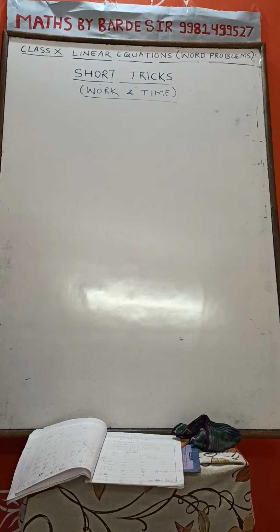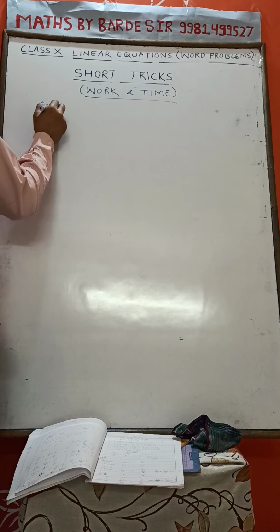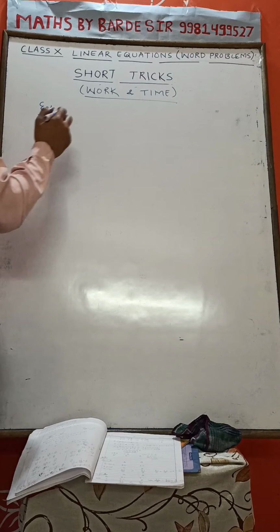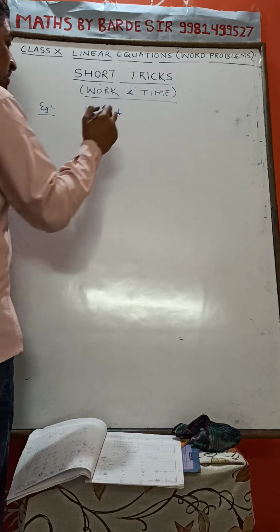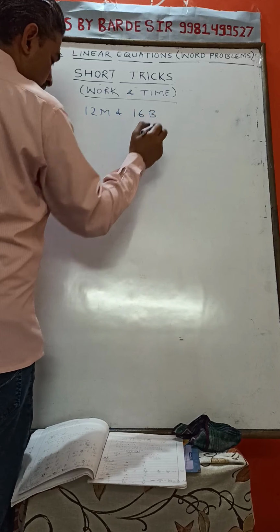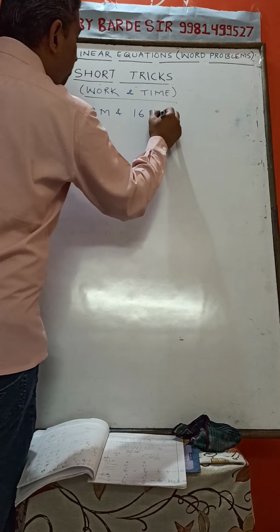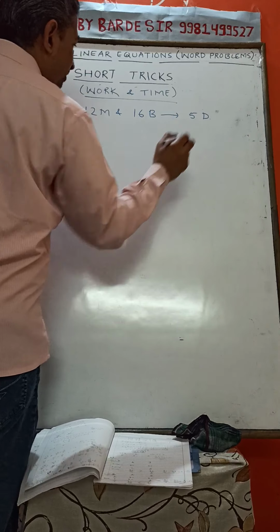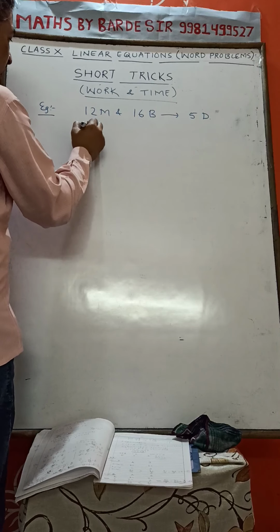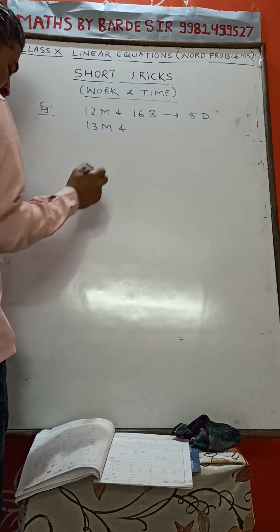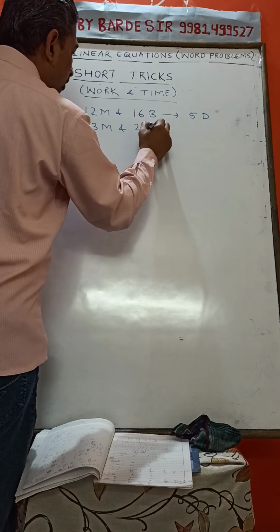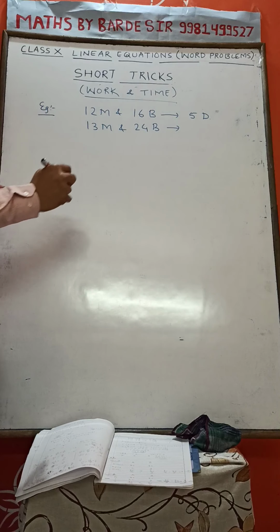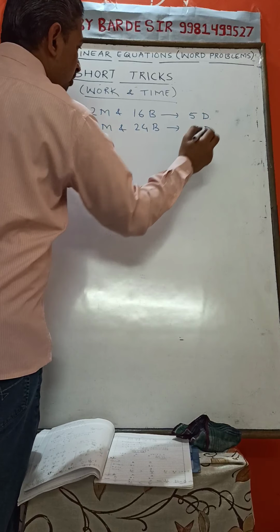Let's take an example directly. Example. 12 men and 16 boys can do a piece of work in 5 days. 13 men and 24 boys can do a piece of work in 4 days.